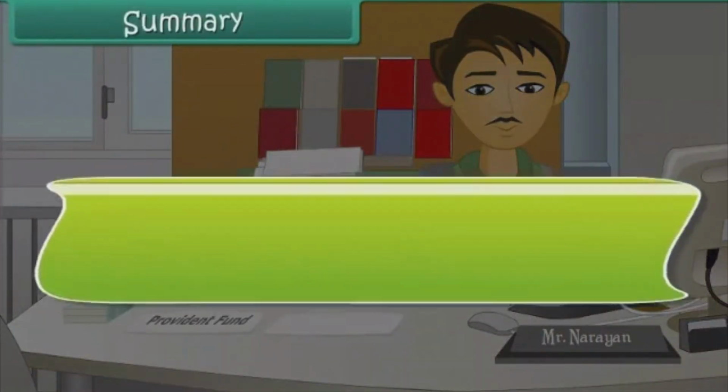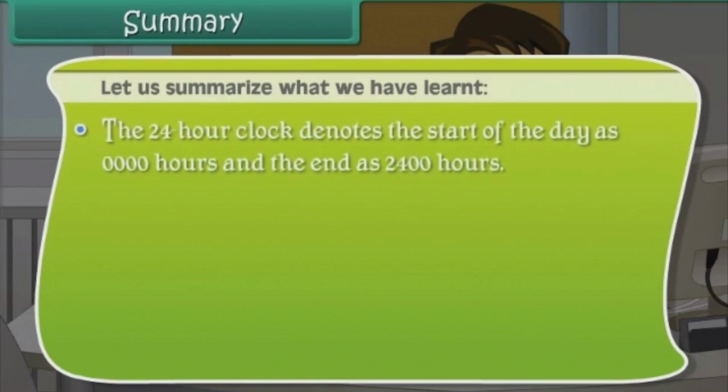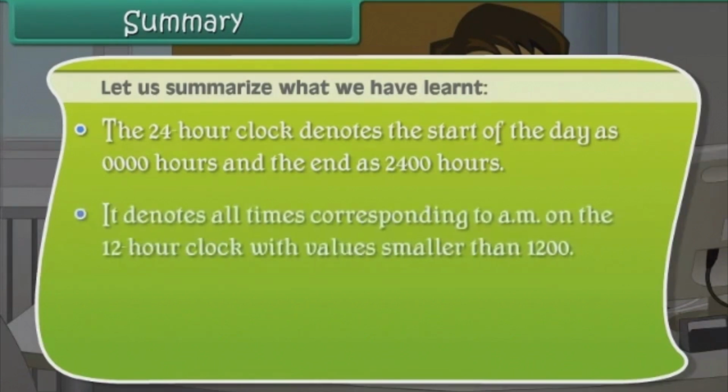Summary. Let us summarize what we have learned. The 24-hour clock denotes the start of the day as 0000 hours and the end as 2400 hours. It denotes all times corresponding to AM on the 12-hour clock with values smaller than 1200.